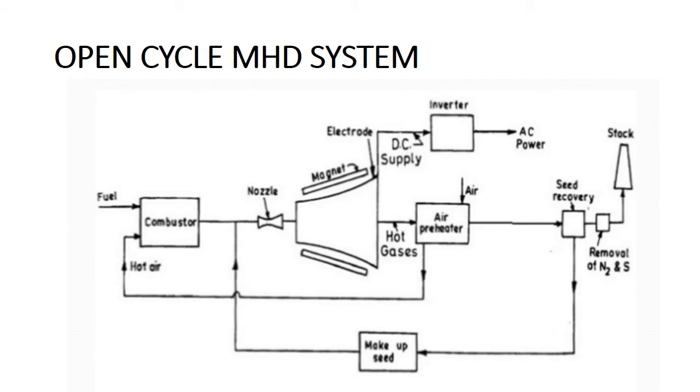The hot gases produced in the combustion chamber are then seeded with a small amount of an ionized alkali metal, and the alkali metal we are using is cesium or potassium, to increase the electrical conductivity and ionization of the gas, as I have discussed before.